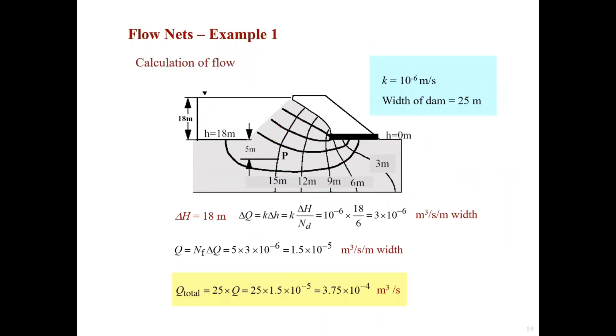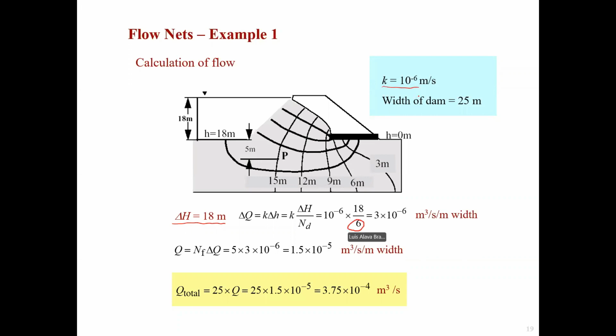Thank you. Actually, this one is the continuation of the last problem, the last question. For this case, the delta H, capital H, obviously is 18 meters. Permeability K is given.